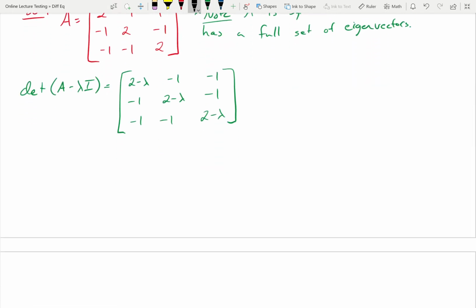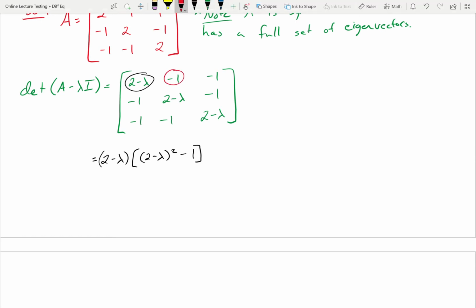So I'm going to circle these in different colors so that way you can see where they're coming from. So we're going to get 2 minus lambda times its minor of 2 minus lambda, the quantity squared, and then -1 times -1 times -1 is going to be positive 1, so minus 1.